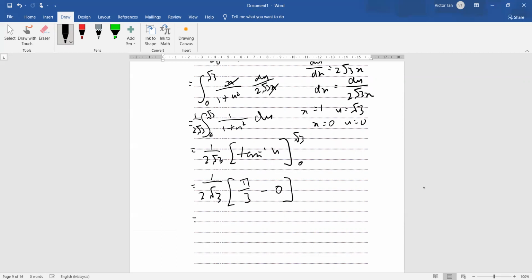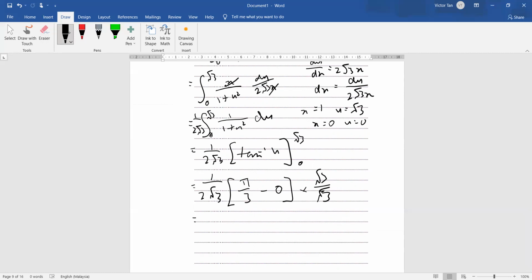So I'm going to times by 3 over root 3. This is to rationalize. Sorry, I canceled the wrong thing.